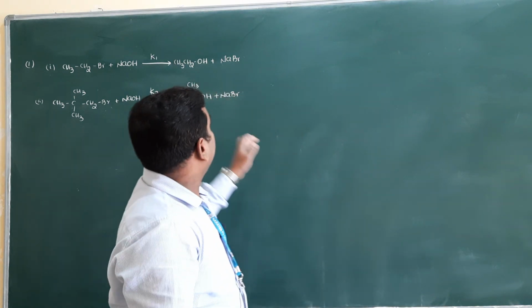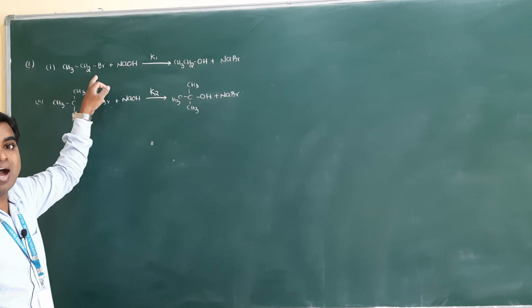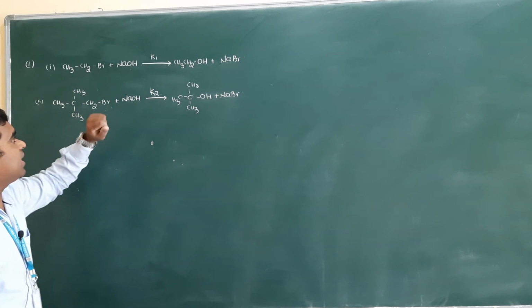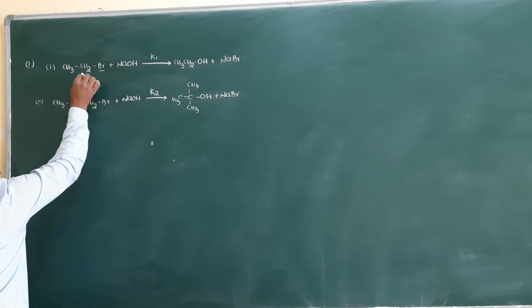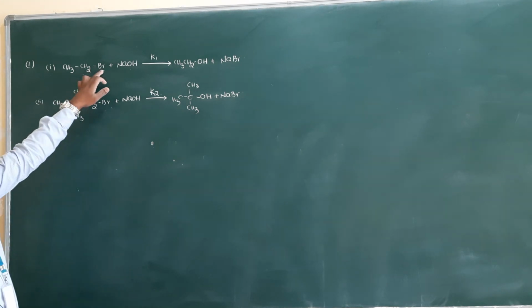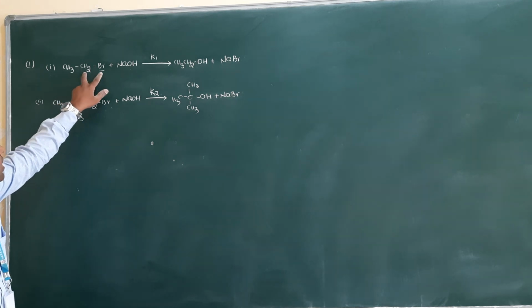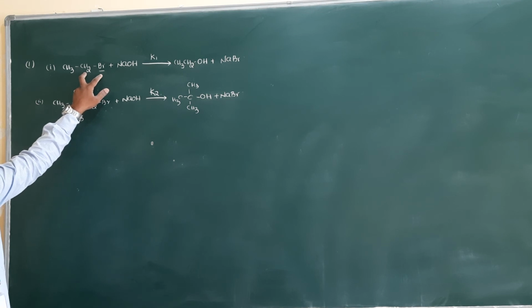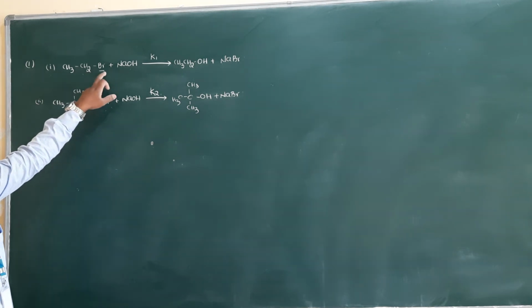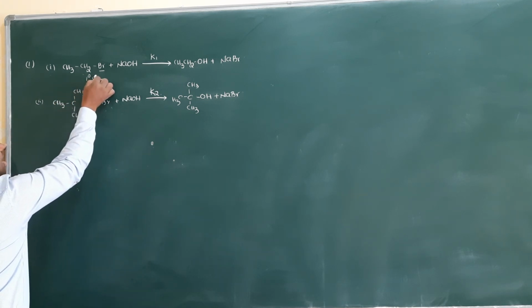You have to identify which one. Here, whenever a halogen or OH is attached to a CH2 group, we call it a primary alkyl halide or primary alcohol. Bromine is attached to CH2, so it is a primary alkyl halide.